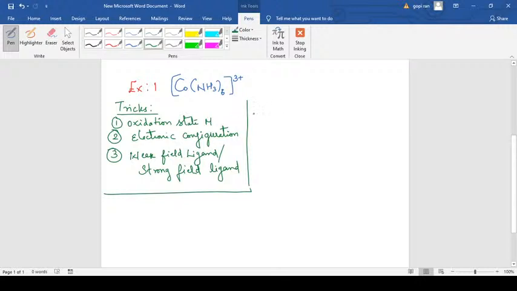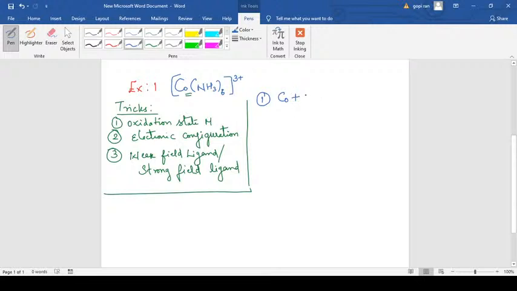Oxidation state of the central metal atom. Here the central metal atom is cobalt. How to find the oxidation state? The cobalt's oxidation state we don't know, plus ammonia.